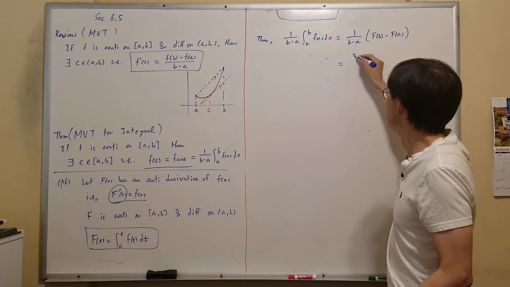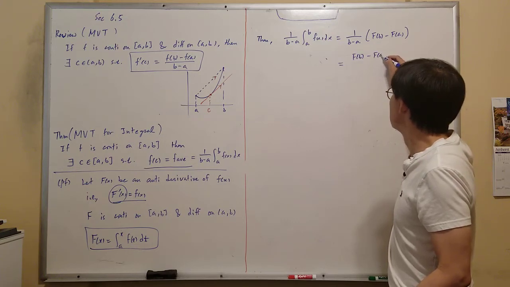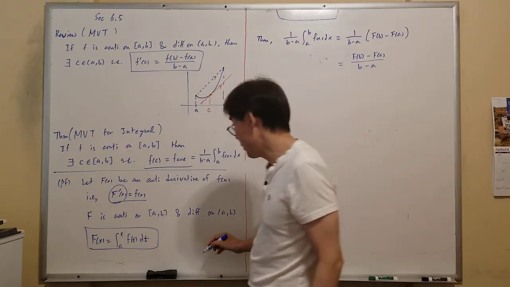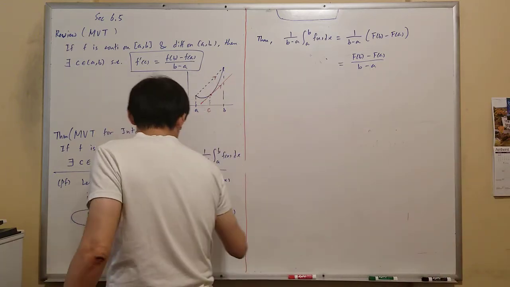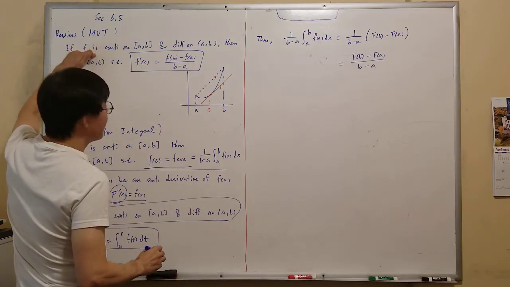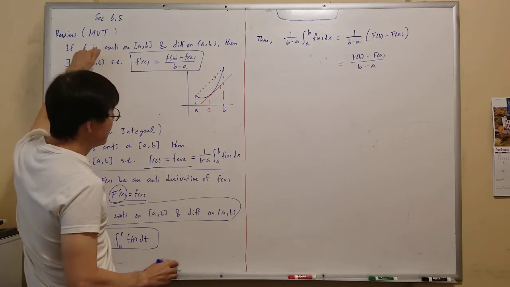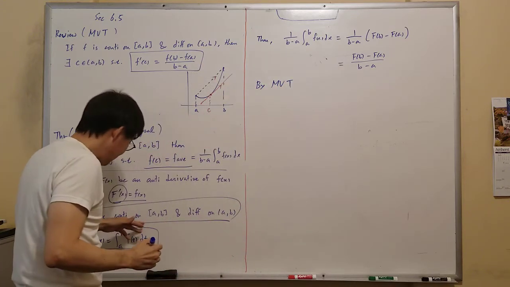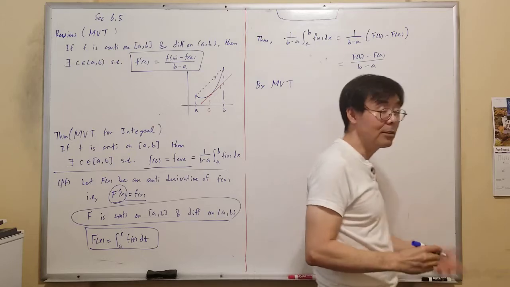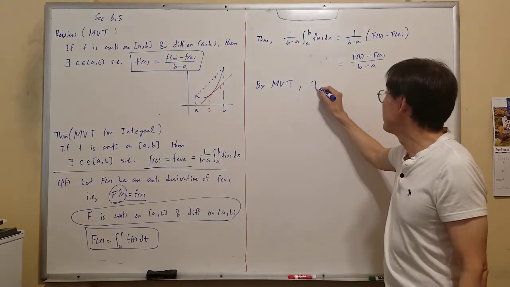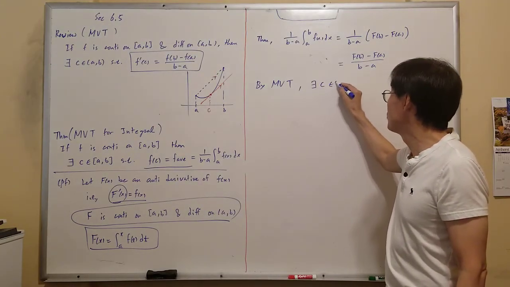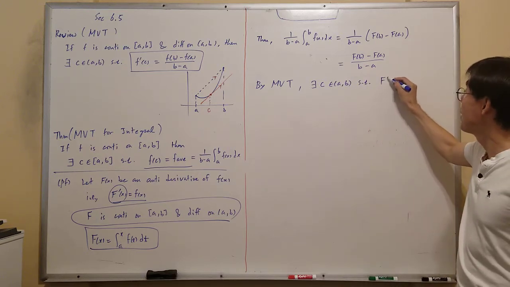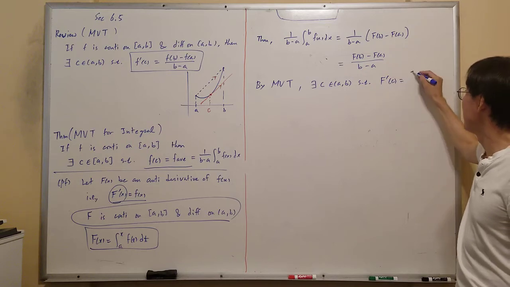Now, let's rewrite. Because capital F satisfies the hypothesis of the original mean value theorem, being continuous on the interval and differentiable inside, there must exist some c value between a and b such that capital F prime of c equals this value.